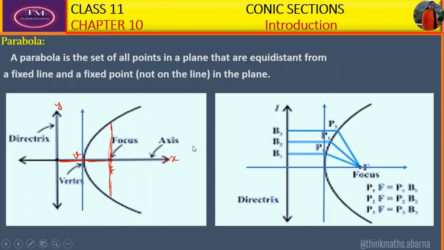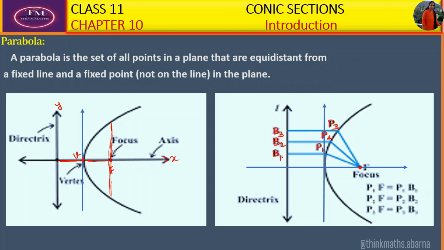Now we should learn how this directrix is related to the parabola. Okay. So now if you take points P1, P2, P3 on the parabola and points B1, B2, B3 on the directrix, the focus is here. What is the definition? It's the set of all points in a plane that are equidistant from a fixed line, this is the fixed line, and a fixed point. So this point is equidistant from this fixed line, B1, B2, B3, as well as the focus.